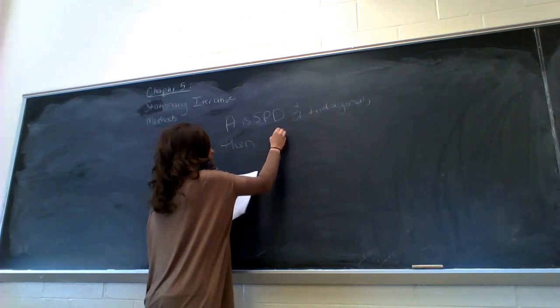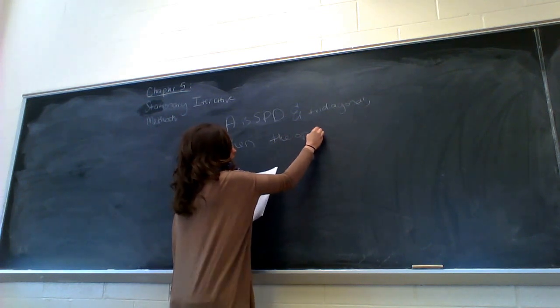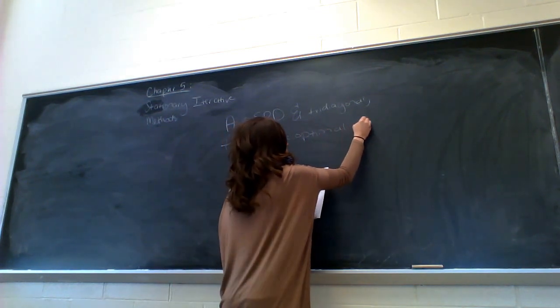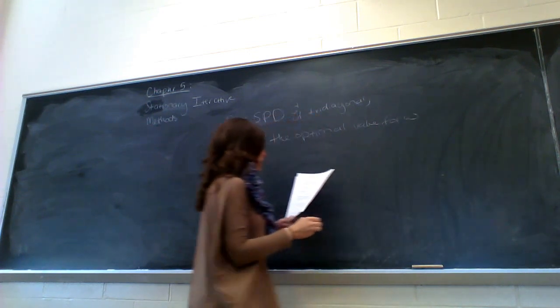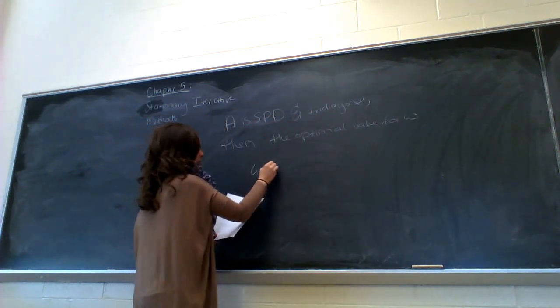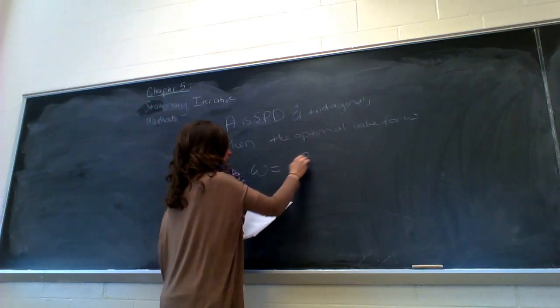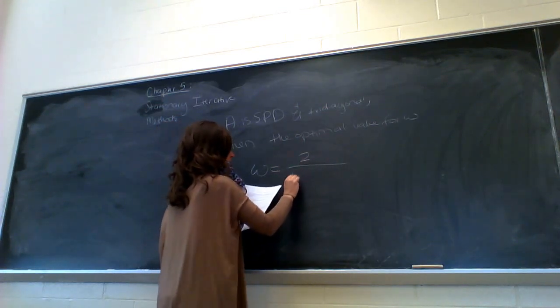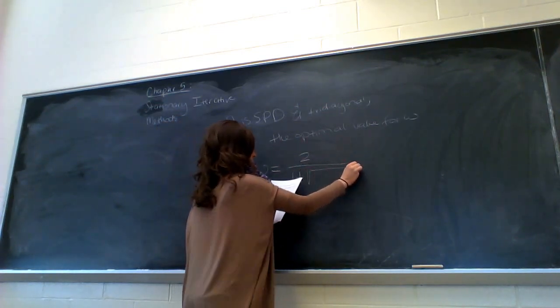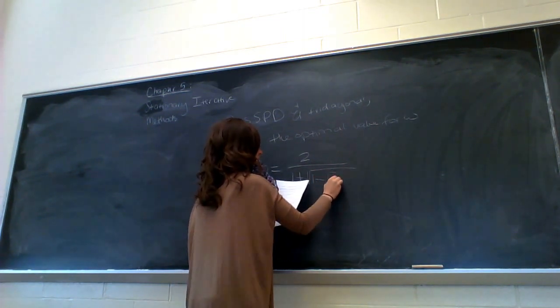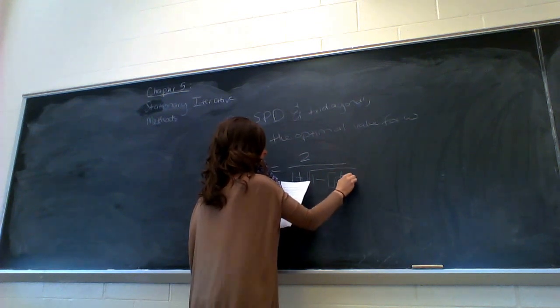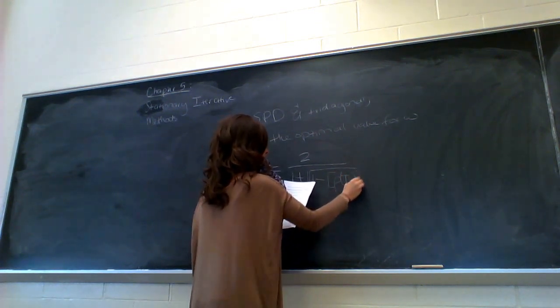Then the optimal value for omega is this. So we get 2 over 1 plus the square root of 1 minus the spectral radius of Tj squared.